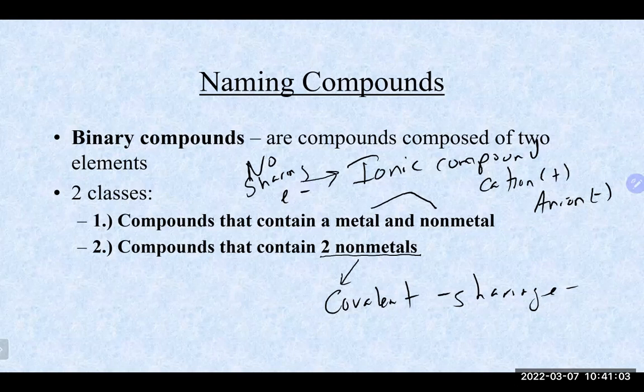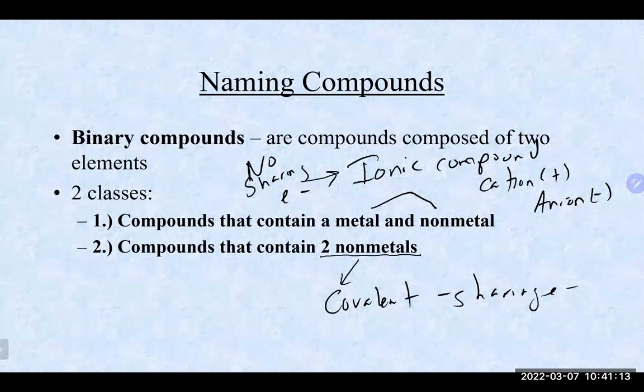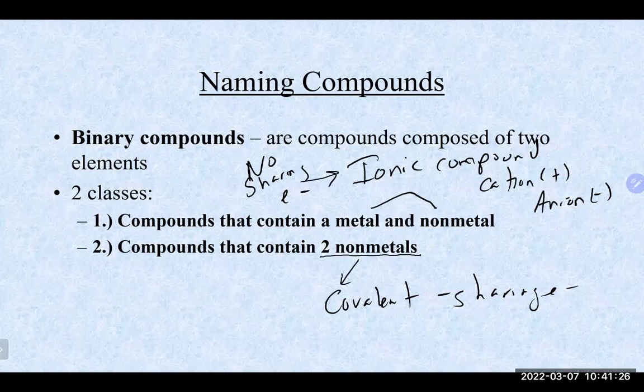So there is slightly a different way in which we name it. Just like what we talked about with bonding, in a covalent compound, there are no ions. So nothing with charges, except maybe for polyatomic ions, which are kind of like covalent molecules that have charges. So depending on whether it's ionic or whether it is a molecular or covalent compound, there are different ways that we go about naming these guys.